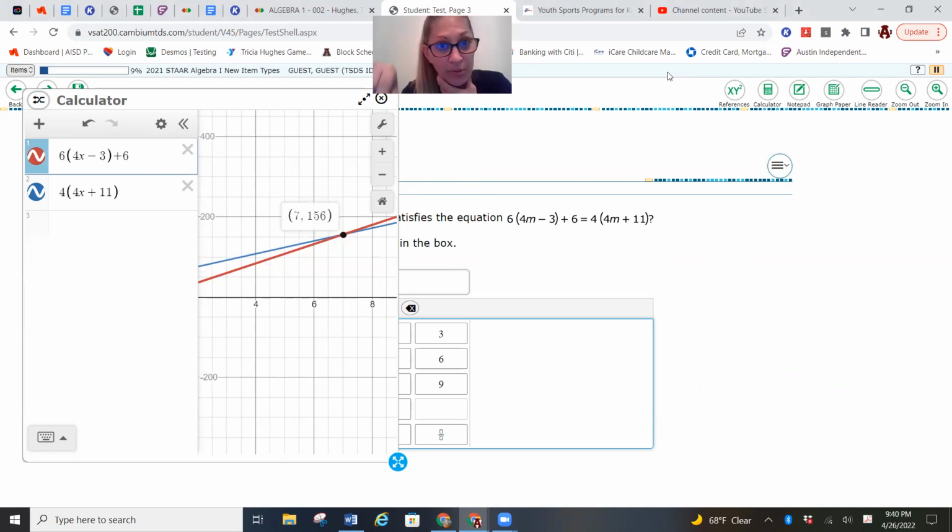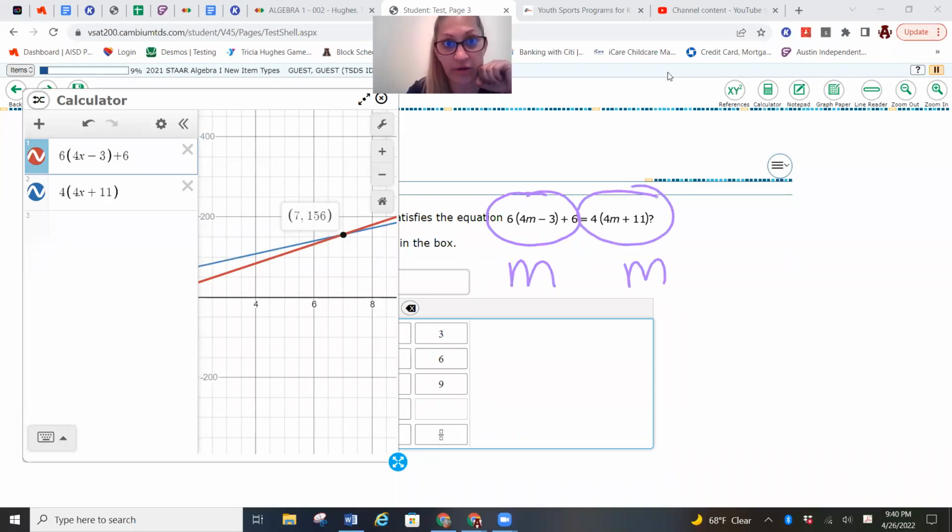The answer I'm going to put down here is the x only, because remember, in the problem, they only use the letter M. In this point, M is the x coordinate.